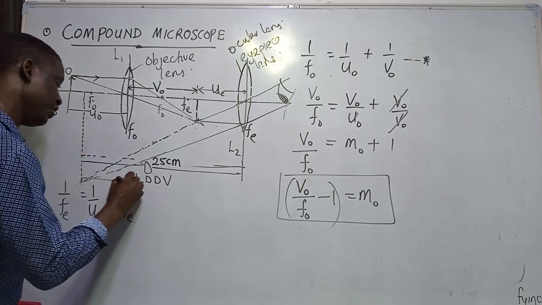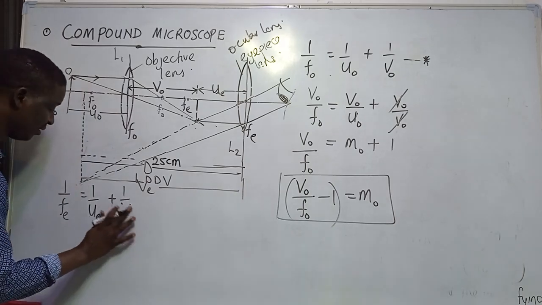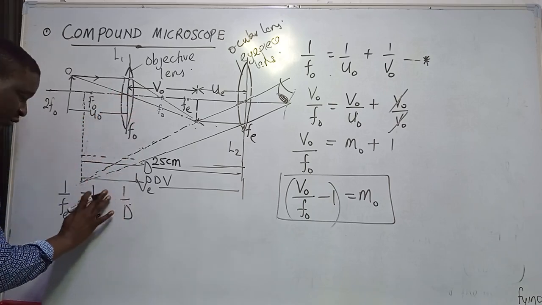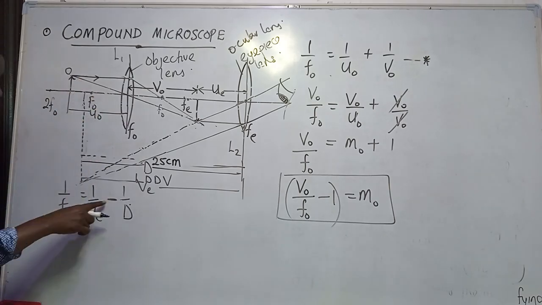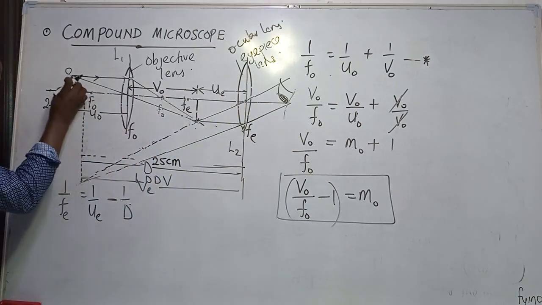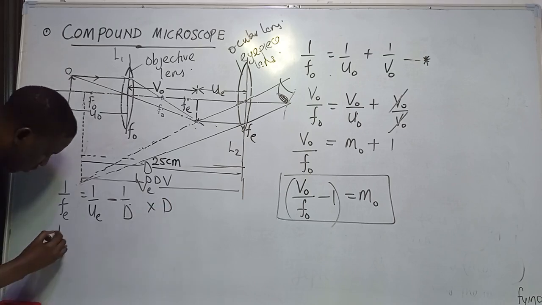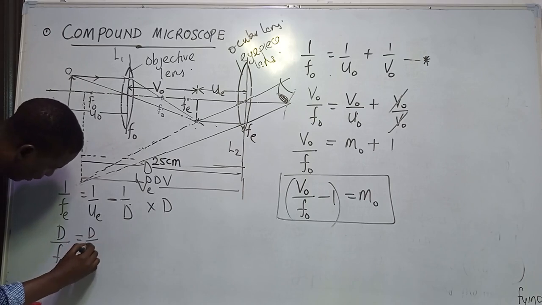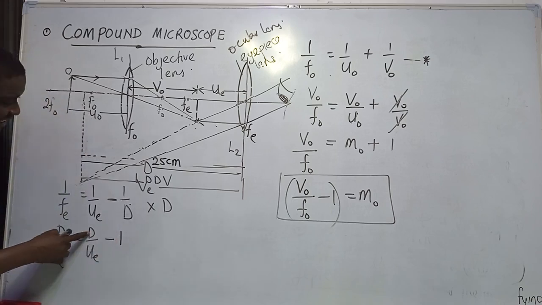This one is your ve, which is also called D. But for the eyepiece, this D has a minus sign because the image is virtual. So multiply everything by D. I would have D over fe equals D over ue minus 1.